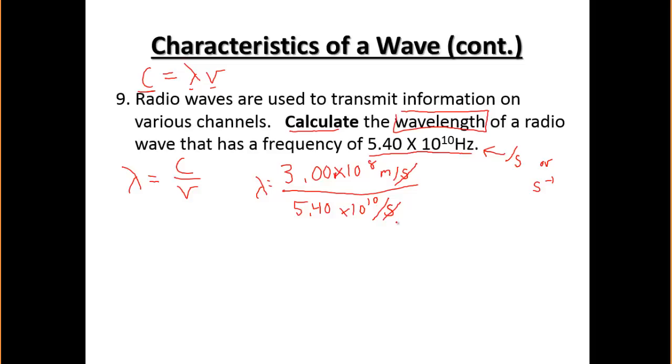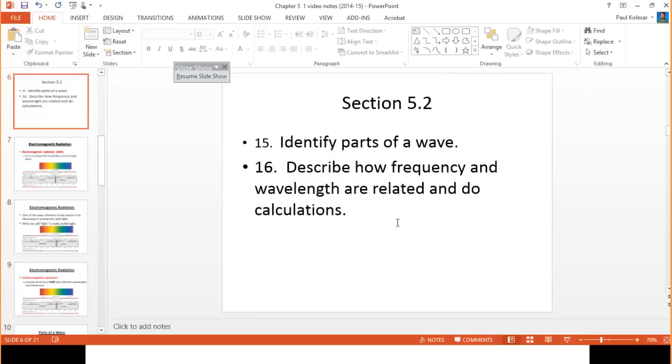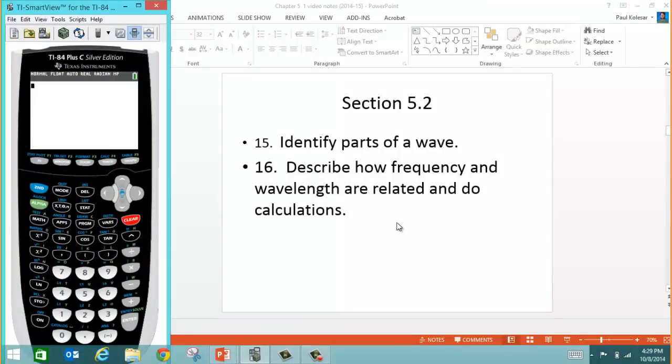Now when we type that in, remembering back, 3.0, and then we're going to use that exponent EE key, which stands for times 10 to the, 8th, divided by our second number, 5.40 times 10 to the 10th, exponent EE 10.